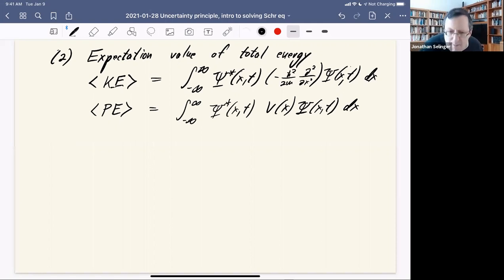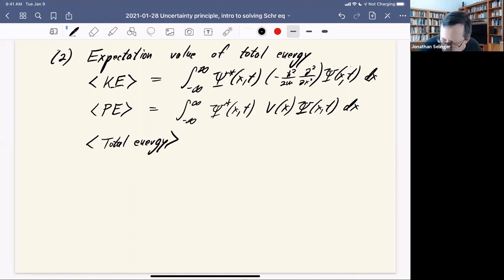What about the expectation value of the total energy, kinetic plus potential? I'll write it out in words first.